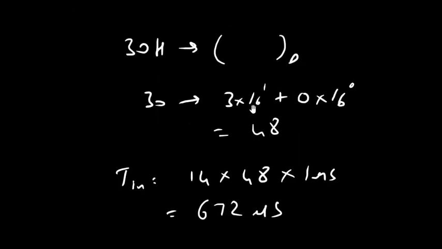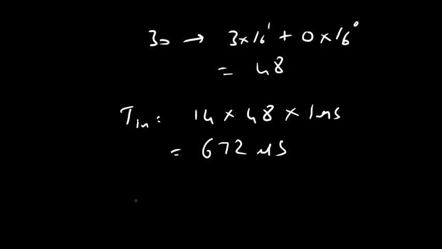So we need to make some correction here to this T in. That is 3 into 1 microsecond, because we have added 10, so we need to subtract 3, so it becomes 7 for the last one only. So this is 3 microseconds.